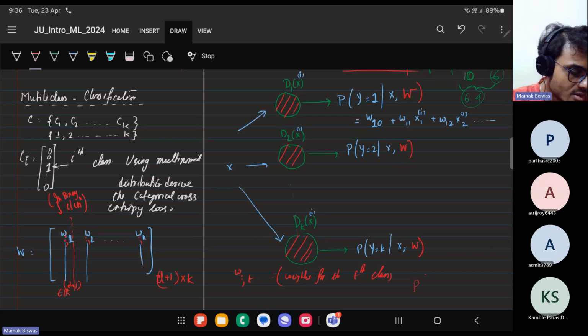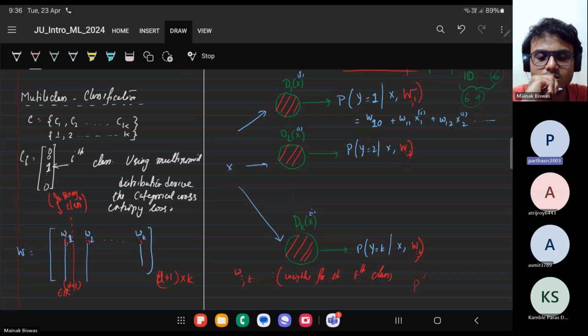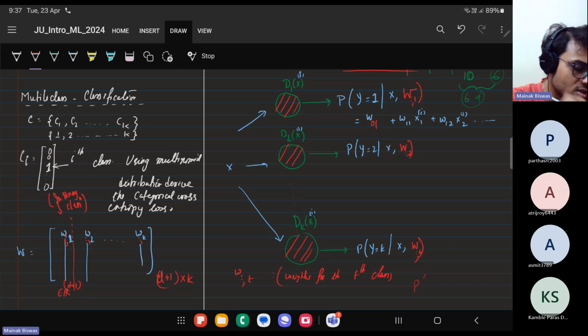For example, 01 will be colon 1, colon 2, colon k. Where you wrote it as a linear combination, it will be 01, 11, 21, and so on. Right? This is what you're saying.